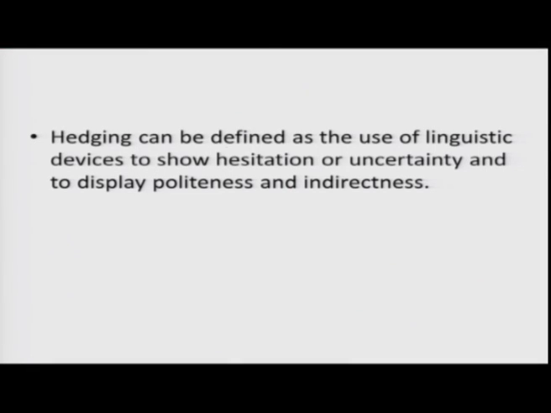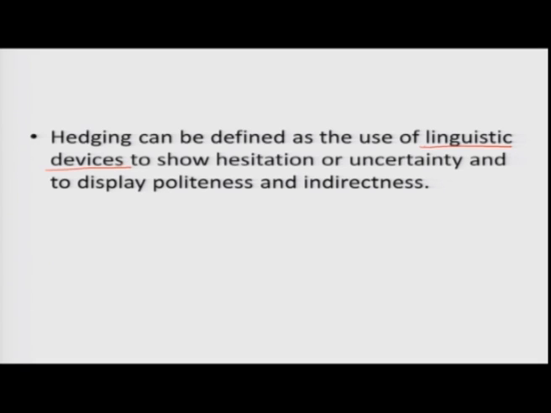To begin with, hedging can be defined as the use of linguistic devices to show hesitation or uncertainty and to display politeness and indirectness. So, you use many linguistic devices.